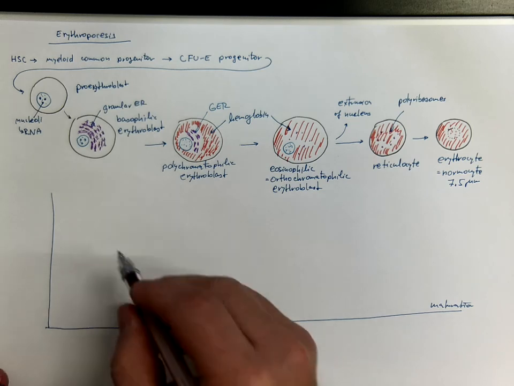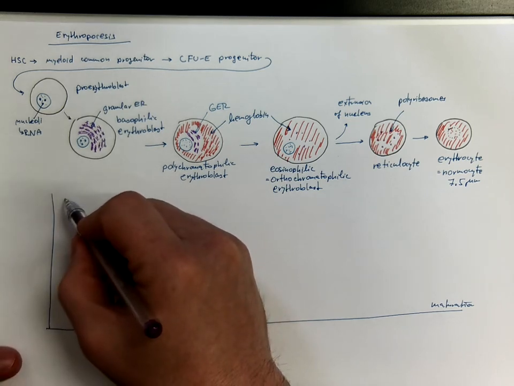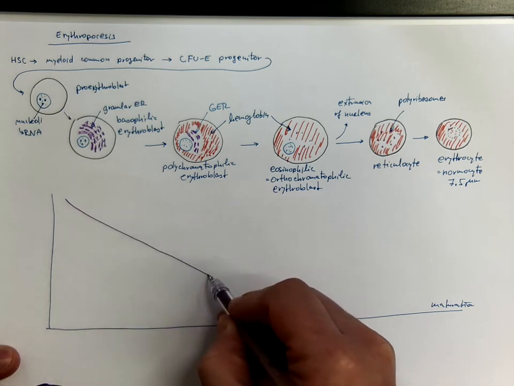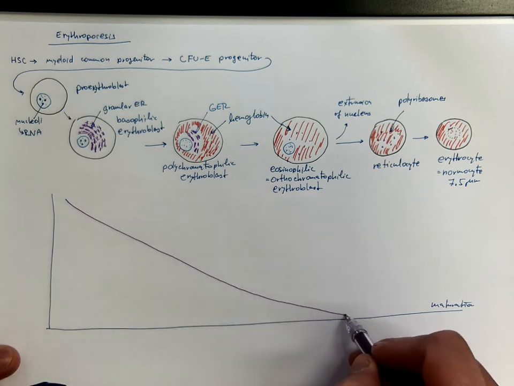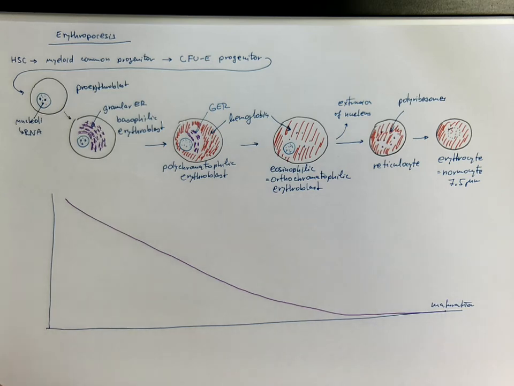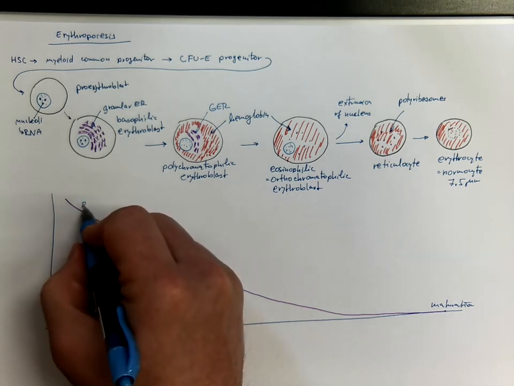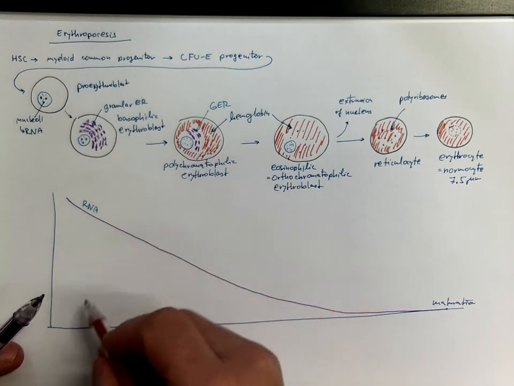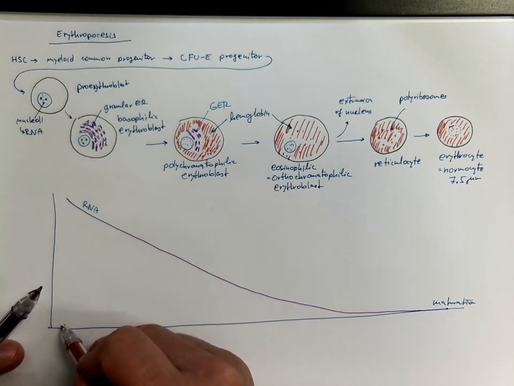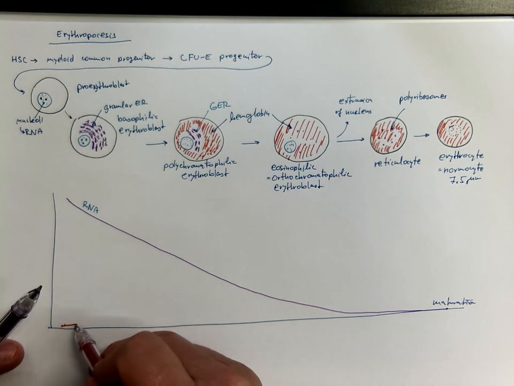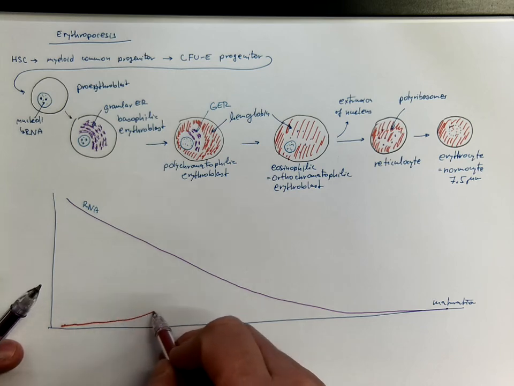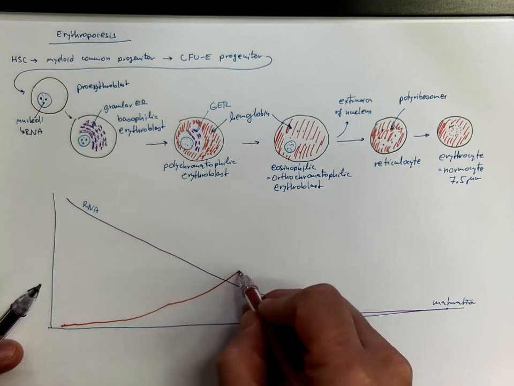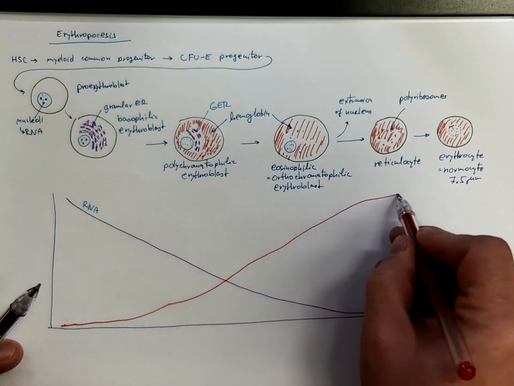Then we can see that the amounts of RNA decreases in time, while the concentration of hemoglobin starts close to zero, while gradually, once the hemoglobin starts being produced, it goes up.